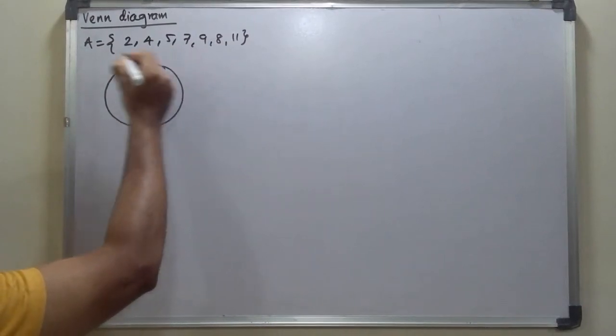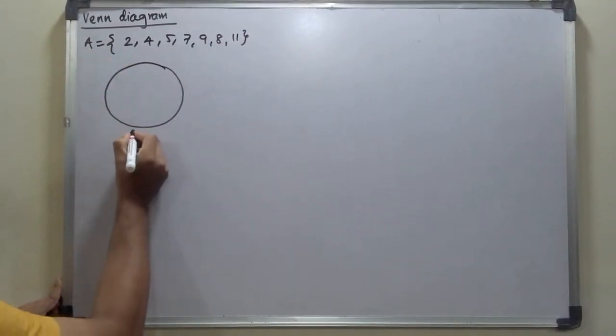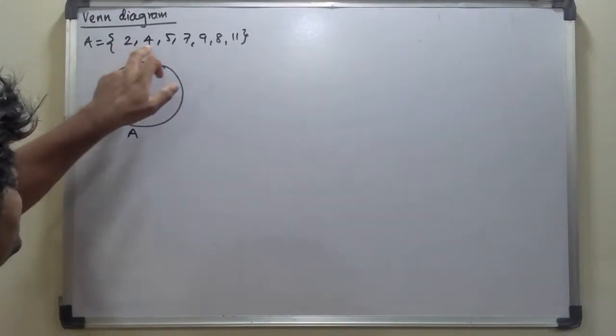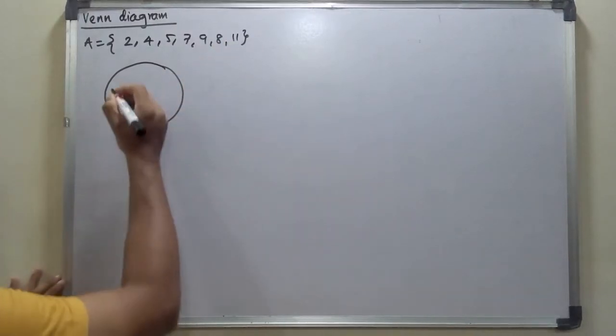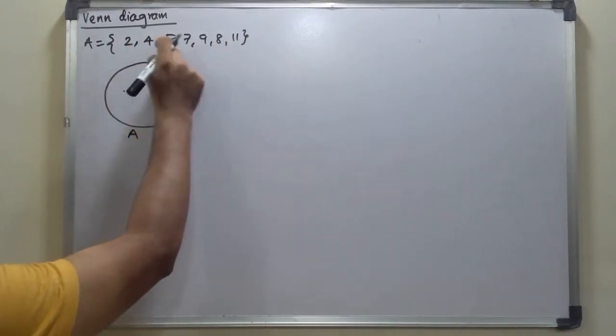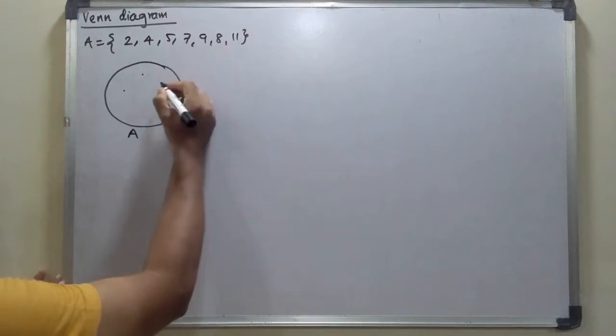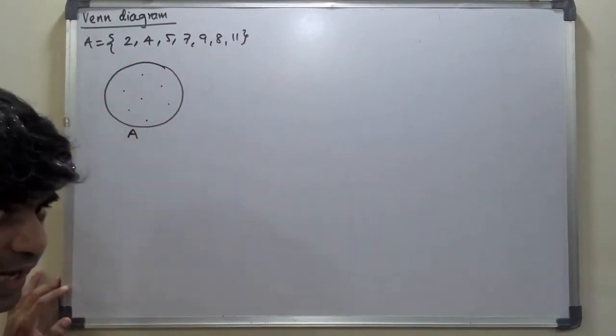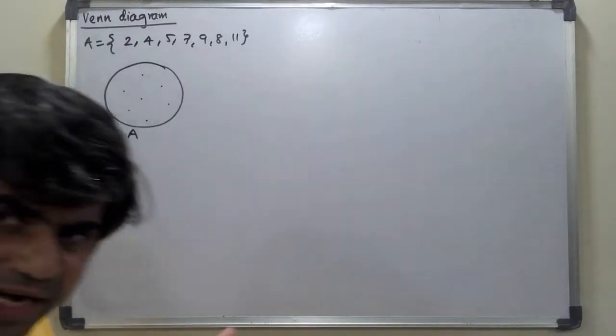I have represented it as a closed figure. Name it; the name you can put outside or inside. And whatever these elements are, represent them by points: 1, 2, 3, 4, 5, 6, 7. Beside any dot, write any element.